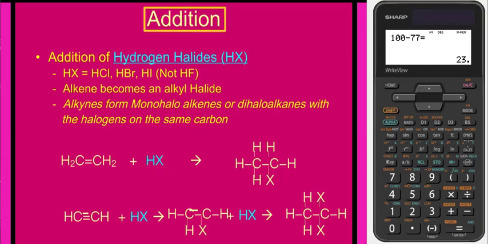Let me give you my own example. Let's say we've got C bonded with C, and then a double bond, and then C, with 1, 2, 1, and then 1, 2 hydrogens. And then I've got, let's say, H with something else like chlorine. Let's use that one.